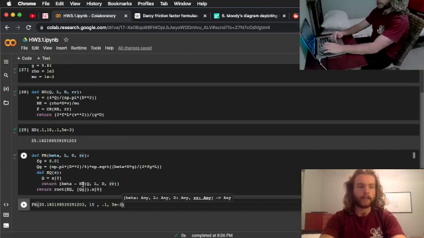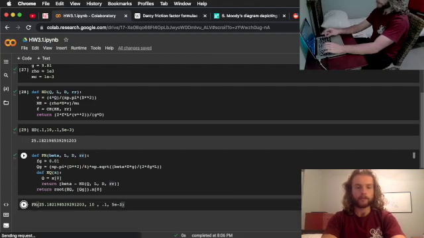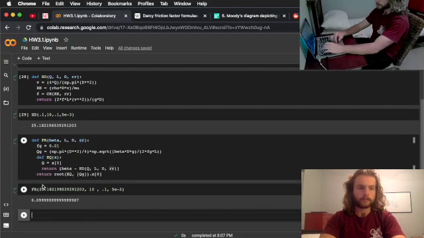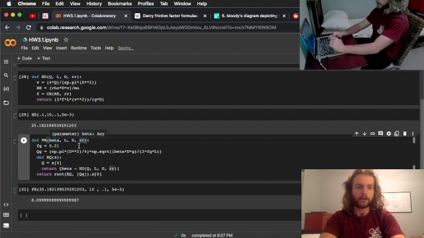And if everything is working correctly, this should give us 0.1 right here. And as you can see, 0.9999, however many nines that is, pretty much 0.1. So it looks like this is working correctly. Everything is working as it should be. So this equation right here will give you the flow rate at an inputted given head drop.